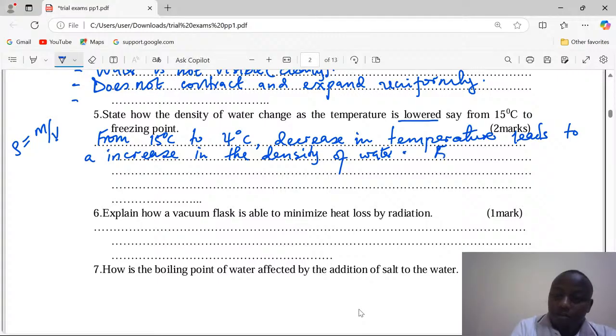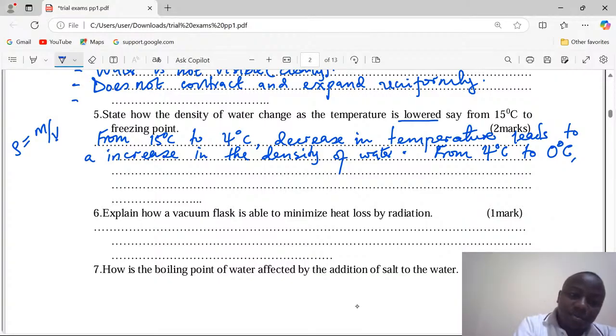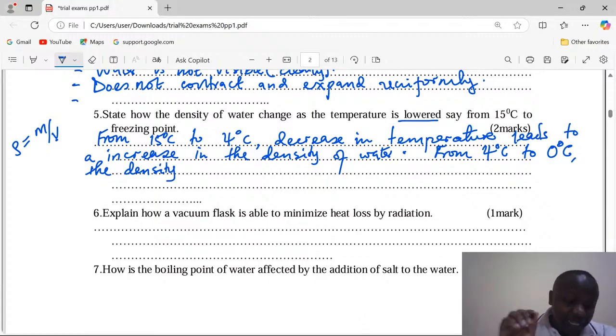Then now from 4 degrees Celsius to 0 degrees Celsius, it is a decrease in temperature, yes, but instead of density continuing to increase, the density now decreases.